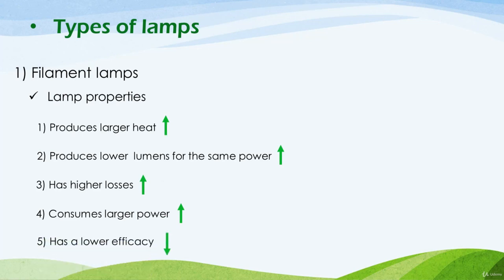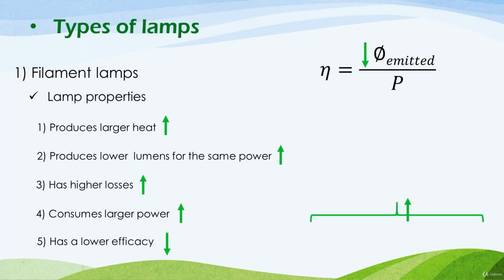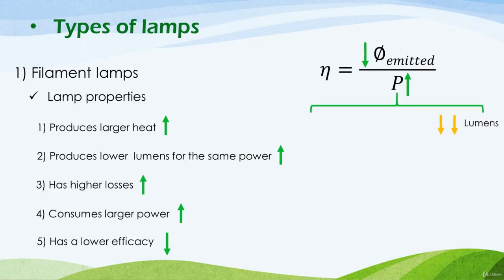And finally, a logical result of those first four properties is that it has a lower efficacy, as the efficacy equals the lumens over the power as we learned before. So when the lumens are small and the total electric power is large, this is because the lumens are low and the heat emitted from the lamp is high. So all of those properties produce a lower overall efficacy, as you see.